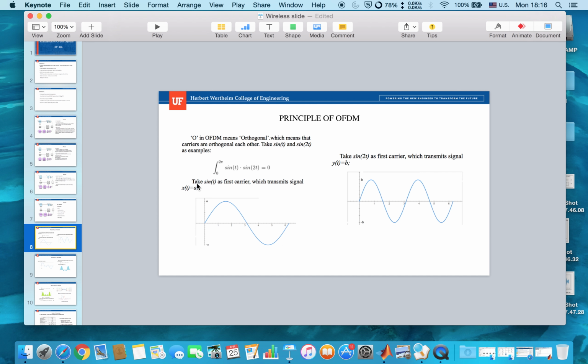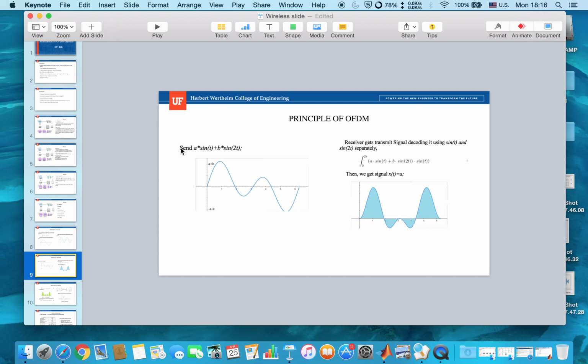We can take sine of t as the first carrier, with transmission signal x of t equal to a. And let's take sine of 2t as the second carrier, which transmits the signal y of t equal to b. Then we can send the signal like this: a times sine of t plus b times sine of 2t.